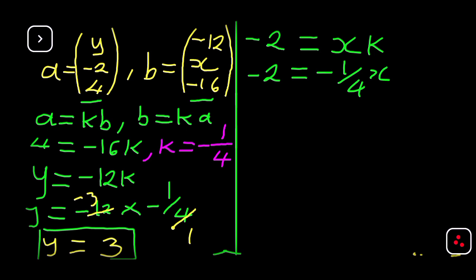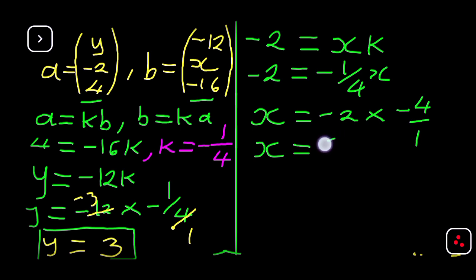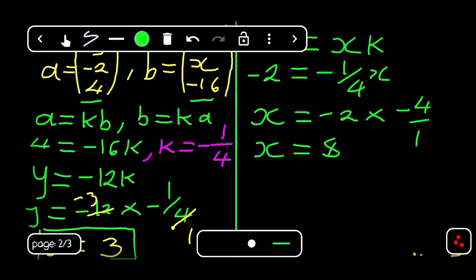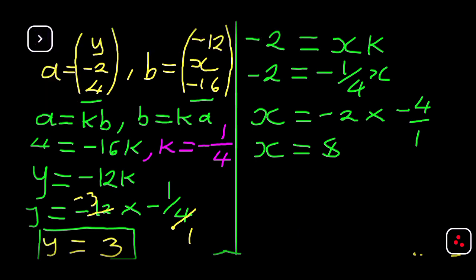That will simply mean that x will be equal to negative 2 times negative 4 over 1, which means that the value of x is equal to 8.